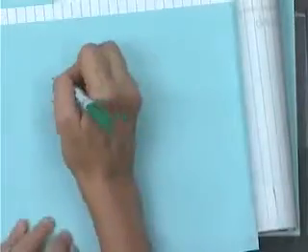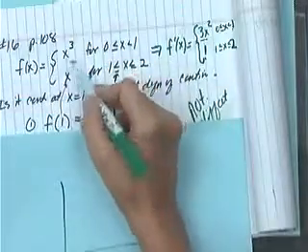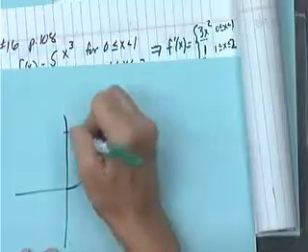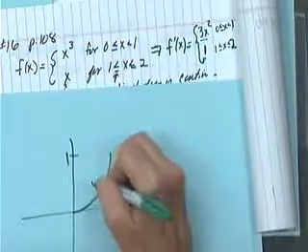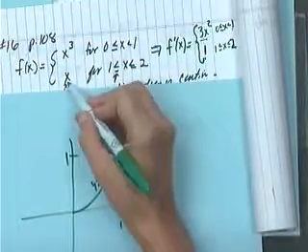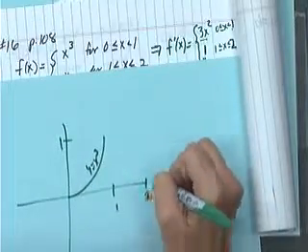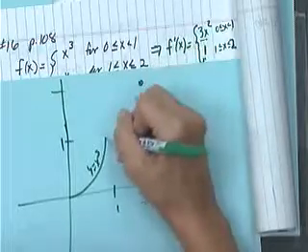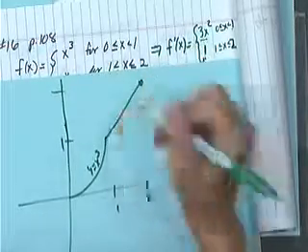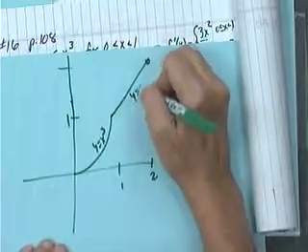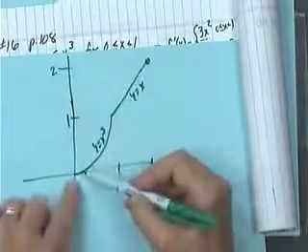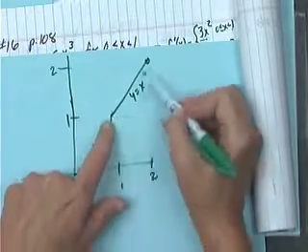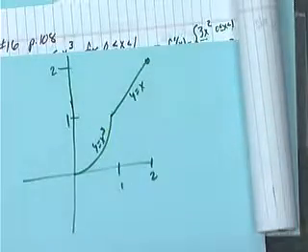Let's get a visual on this graph and you'll see. y equals x cubed. We know that looks like this. That's y equals x cubed. y equals x is a straight line. So let's see if we can put our 2 up here. Okay, and this is y equals x. So y equals x cubed looks like this part from 0 to 1. y equals x looks like this.